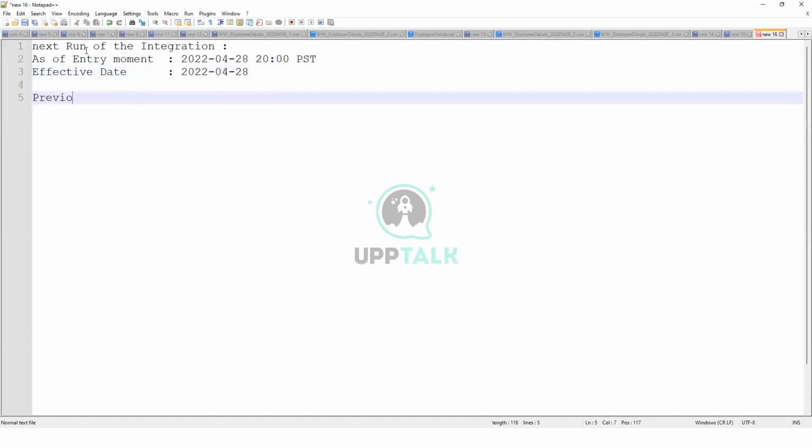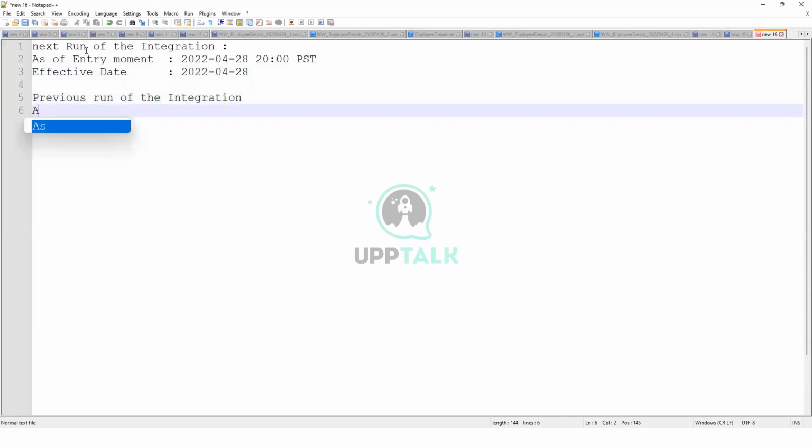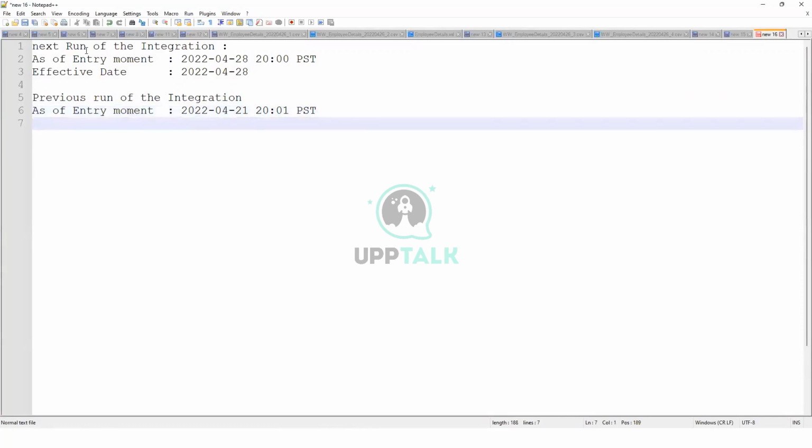Now the last run. In the previous run of the integration, the as of entry moment was 2022-04-21, 20:01 PST. So I started at 00, and it took 1 minute to complete.